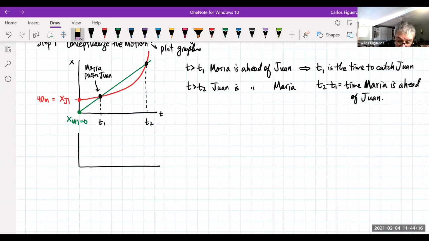So when I look at my velocity versus time, Maria's velocity is going to look something like this. Her velocity does not change up to here. And you could see here's my time intervals.